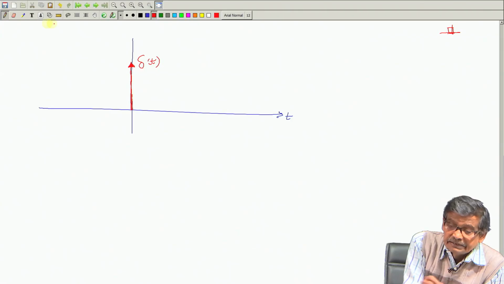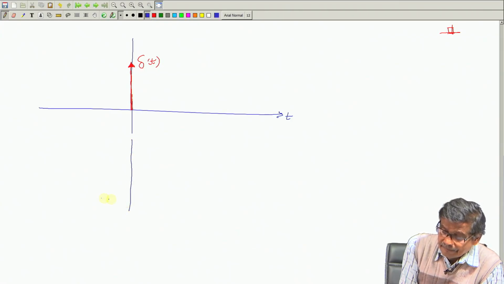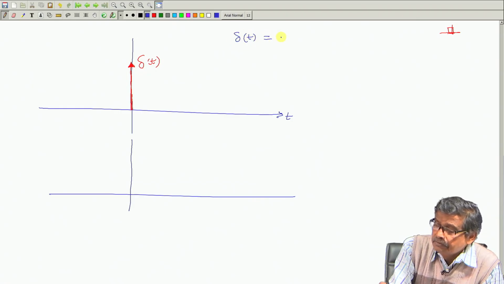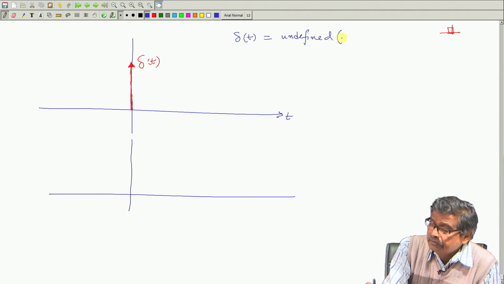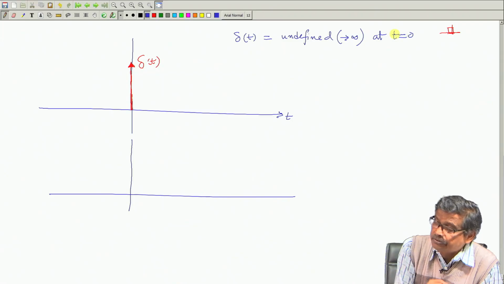And recall that delta(t) is undefined, going to infinity at t equal to 0. No point in asking what is the value of the function at t equal to 0.